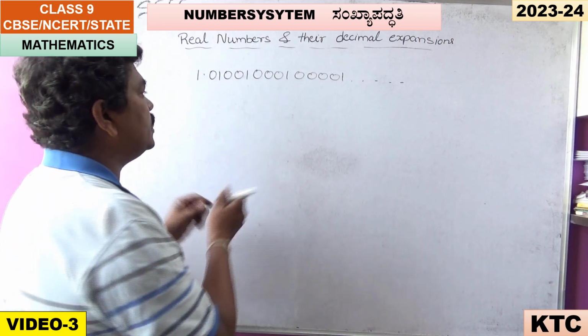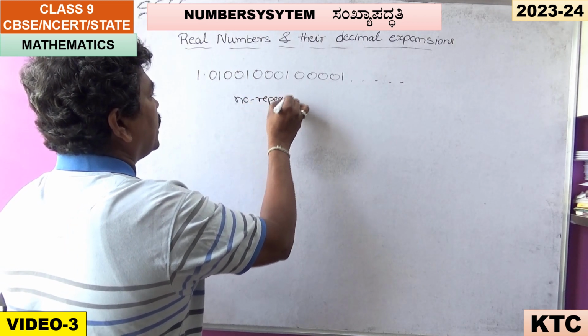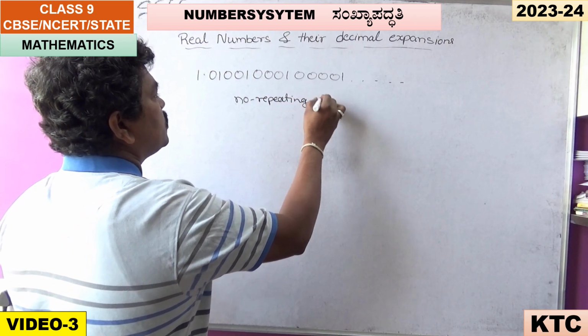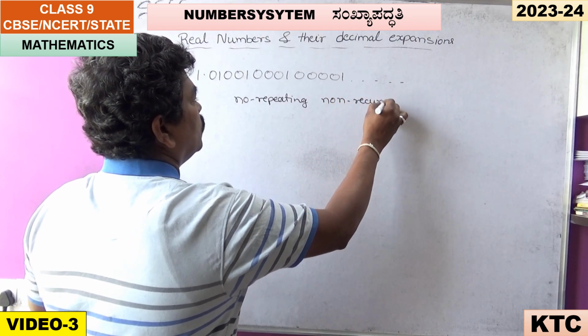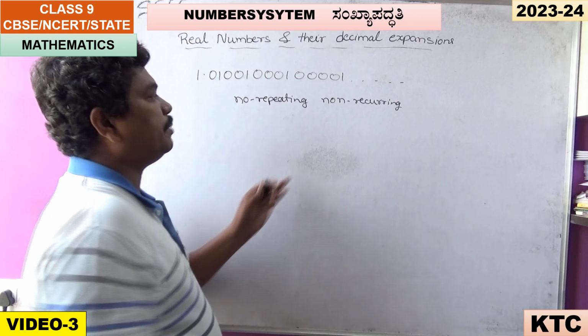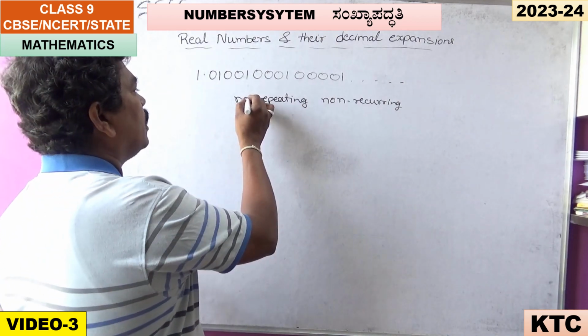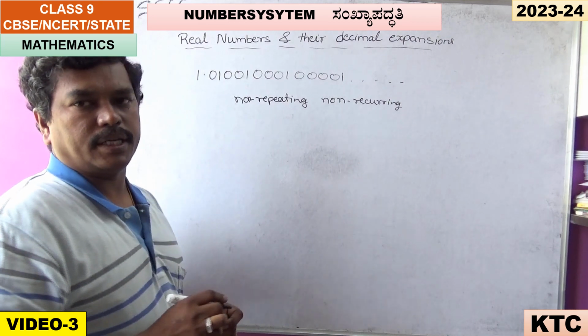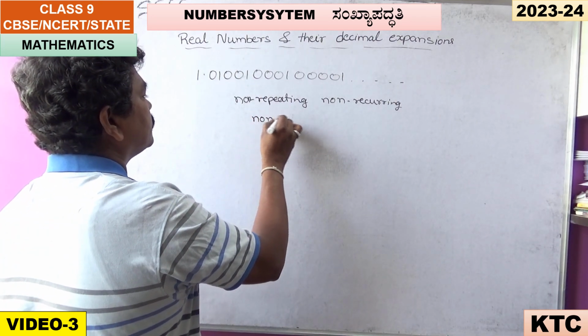So here there is no repeating term. Nothing is repeating. And also non-recurring. No recurring. Repetition and recurrence have exactly the same meaning. Non-repeating means the same as non-recurring. No recurring. So therefore it is non-terminating.